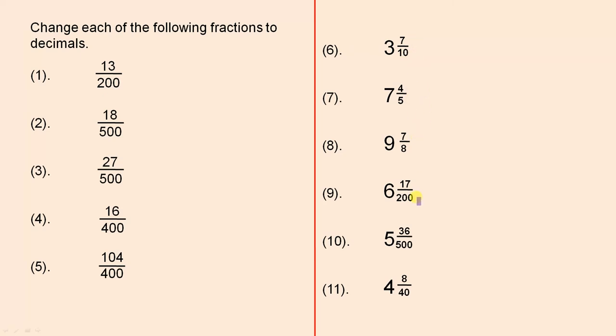Once you do that for every single one of those fractions, then it's very easy to change this mixed fraction to a decimal. And there will be a decimal point, of course, right? There will be a decimal point. So for example, this first one is going to be 3 point something. That will be 7 point something, 9 point something, etc.